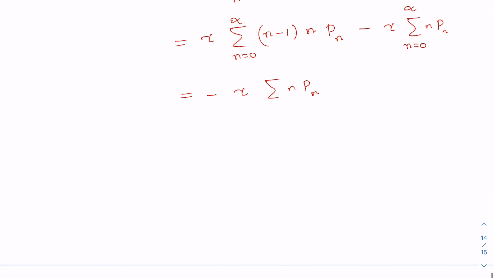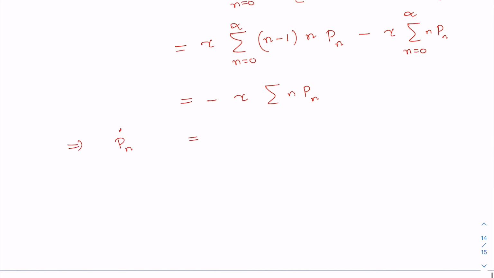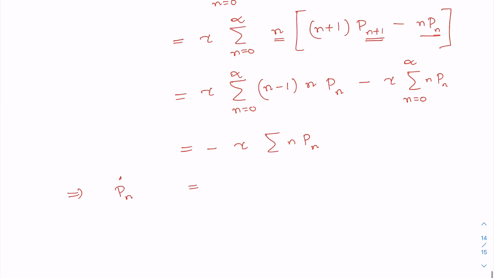So therefore d of dt of a dagger a is minus gamma a dagger a.